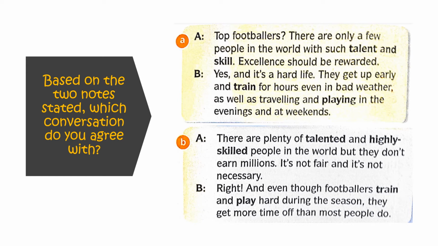Now let's look at conversation B. There are plenty of talented and highly skilled people in the world, but they don't earn millions. It's not fair and it's not necessary. Right. And even though footballers train and play hard during the season, they get more time off than most people do.